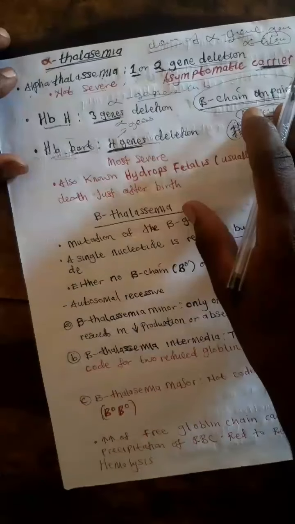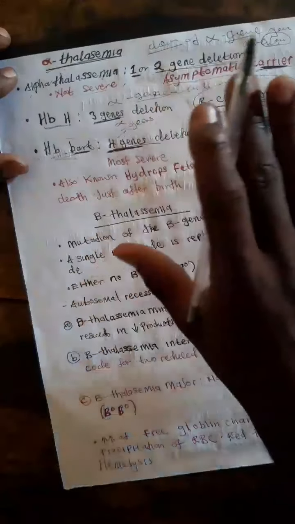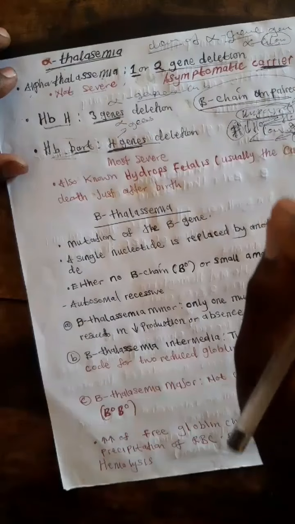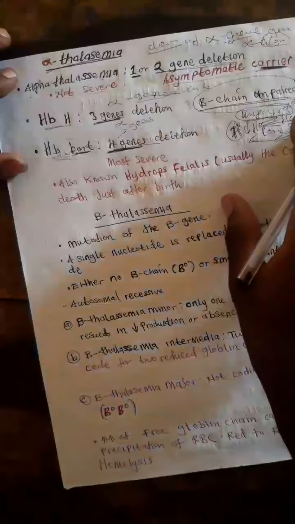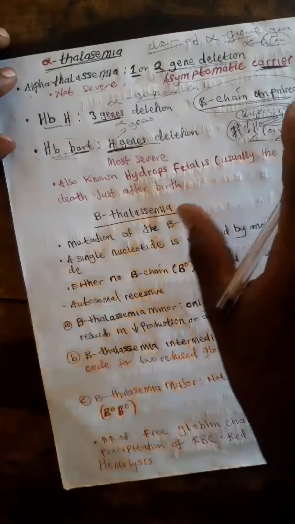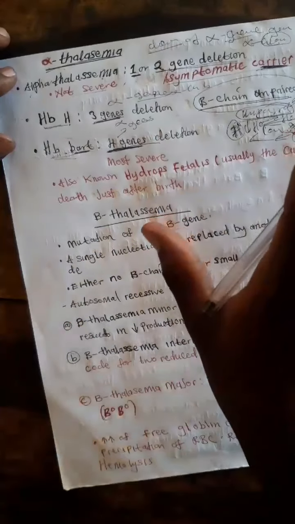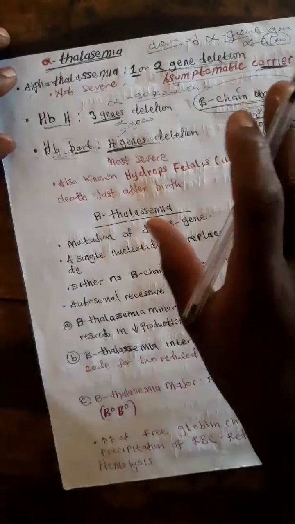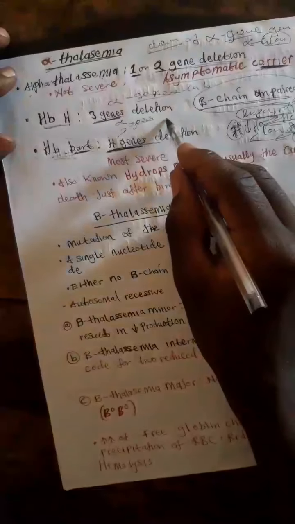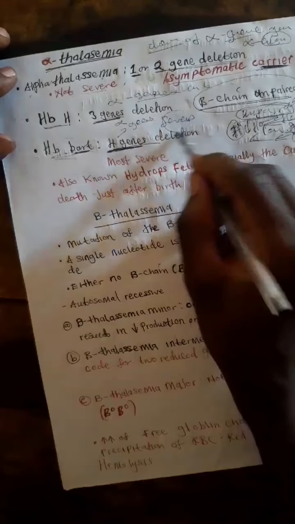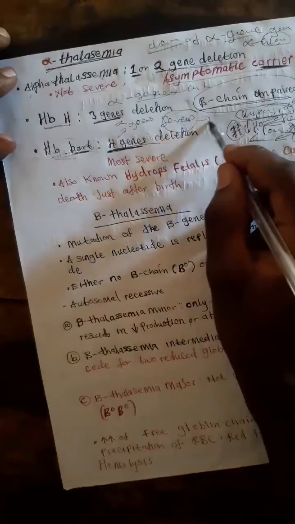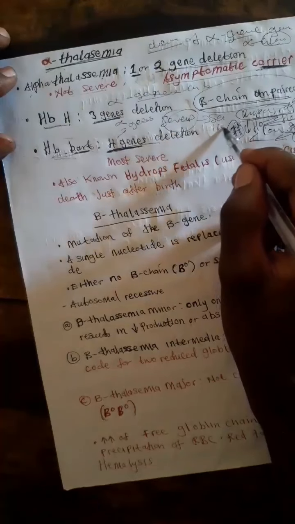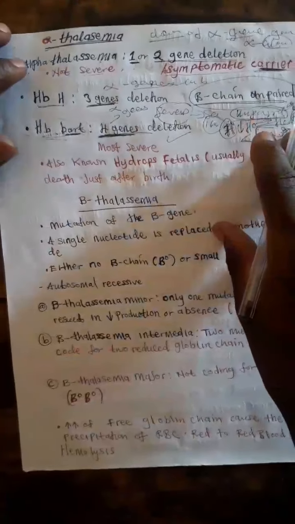This means that the 2 beta chains remain unimpaired. Because of the excess of beta chains, it causes severe precipitation which can lead to severe hemolysis. Okay, it is most severe.